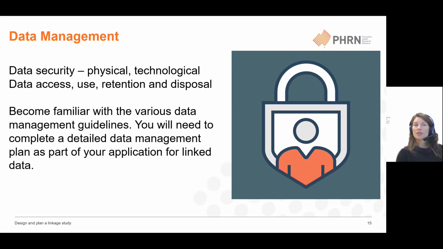We briefly touched on data management previously, and I won't say too much except that data management guidelines and resources will be available from the data linkage units. And you will need to cover certain aspects such as the physical and technological security of the place or places where the data will be stored or accessed from.